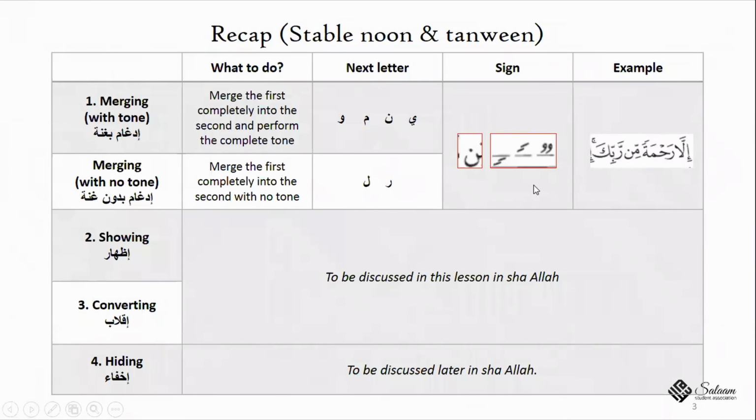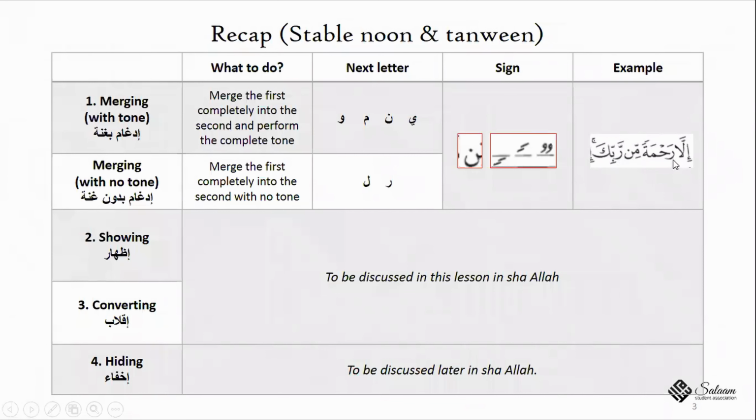And the shape of the stable noun and tanween in that case will be like this. The stable noun will be empty, and the tanween will be spaced apart like this. An example here: we have tanween with mim, so it follows this rule. And here we have stable noun with ra, so it follows this rule.